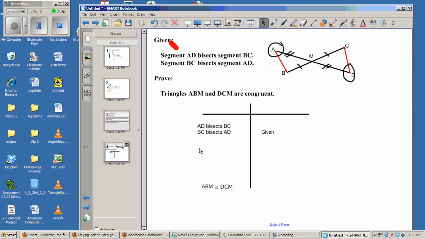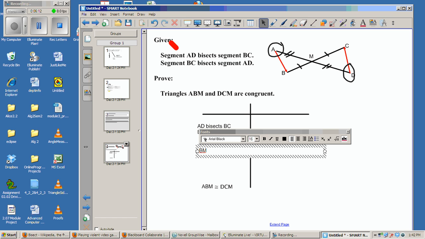So I can say, BM is congruent, or the same exact length, as CM. And the reason I know that is because I looked up the definition of bisects. It told me that. Then I can also say that AM is congruent or equal to DM, and it's for the same exact reason, because of the definition of bisects. All right, so that might come in handy.